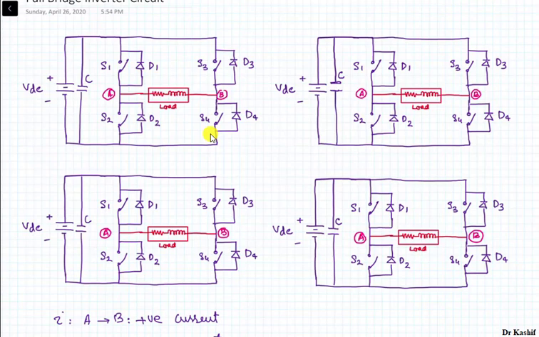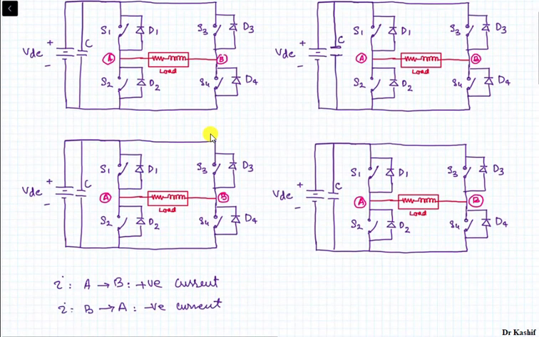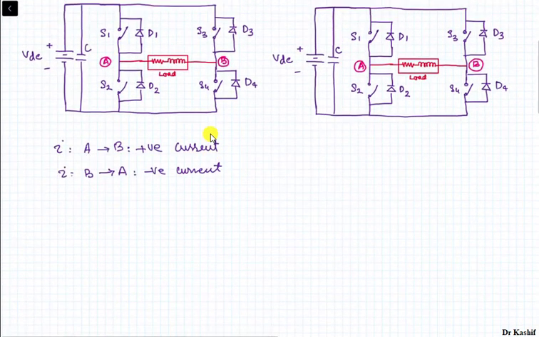So if 1 represents the on state of a switch and 0 represents the off state, we can write down a Boolean equation for the switches' operation. So 0 will indicate that our switch is in the off state, and 1 will indicate that our switch is in the on state.